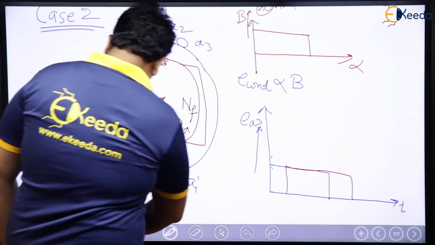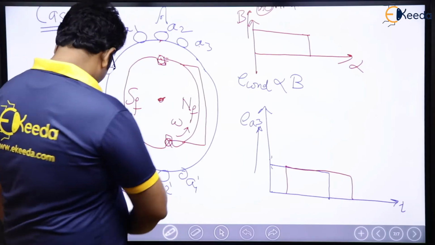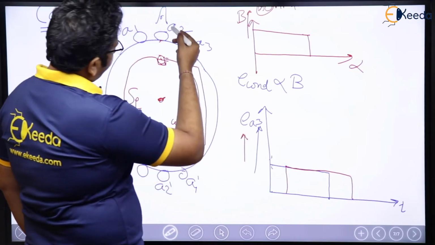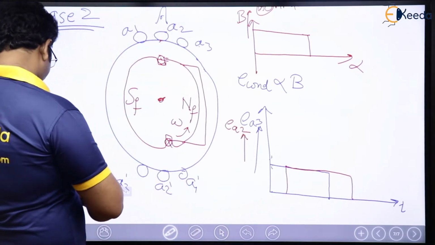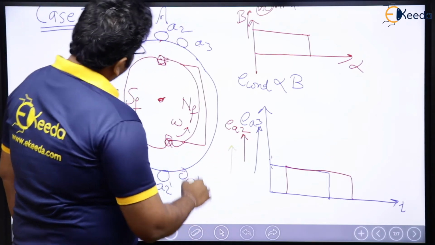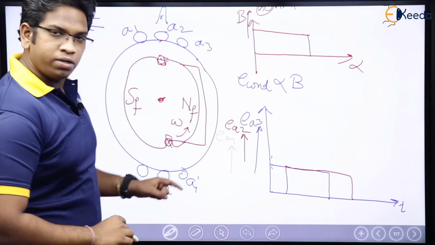So here let me consider yellow. Red was EA2, right? This was EA2. Now let me consider this yellow as EA1, for example. So if it is EA1, what is going to happen?